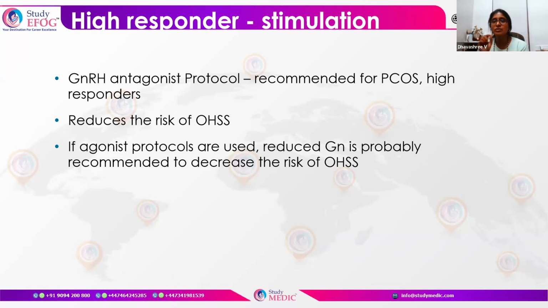Usually agonist protocols are not recommended for high responders, but if a high responder needs an agonist protocol, then we should reduce the amount of gonadotrophins given to the woman, so that we reduce the risk of OHSS. But for a high responder, generally only the GnRH antagonist protocols are recommended.